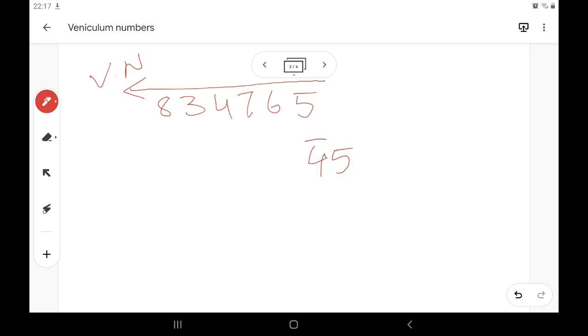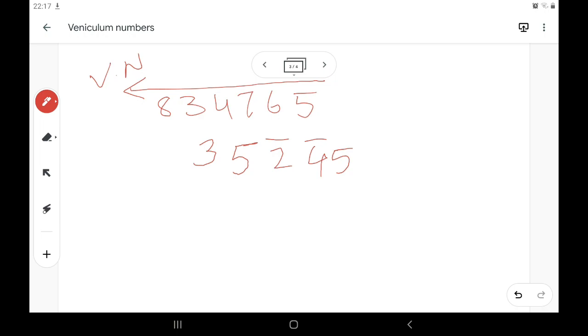7 is to the left of a digit that's greater than 5. So you find its nines complement, that is 2 bar. And then 4 is to the left of a digit that's greater than 5, and 4 is less than 5, so incremented by 1, that's 5. 3 you write as it is, because there's no rule for a digit to the left of a digit wherein both the digits are less than 5.